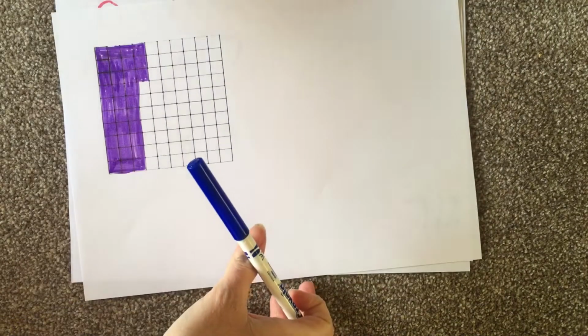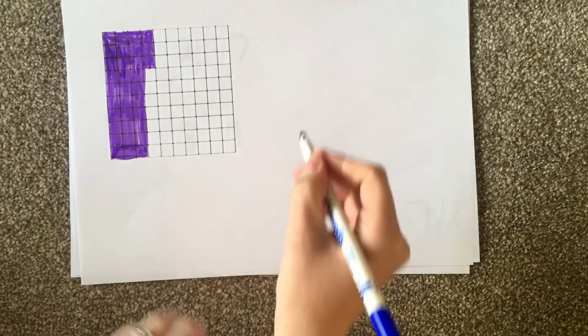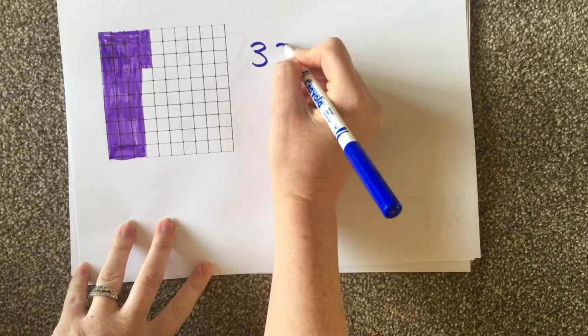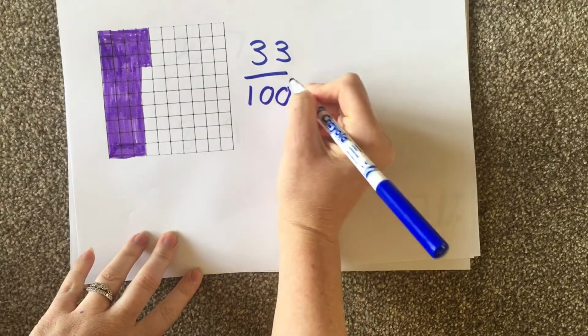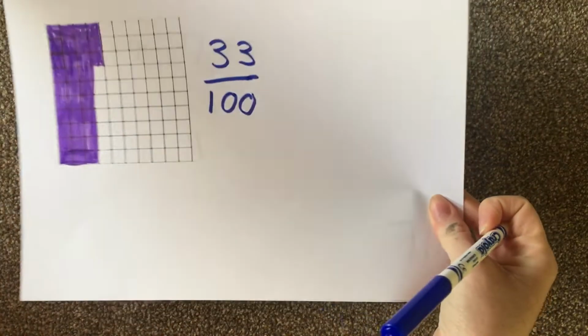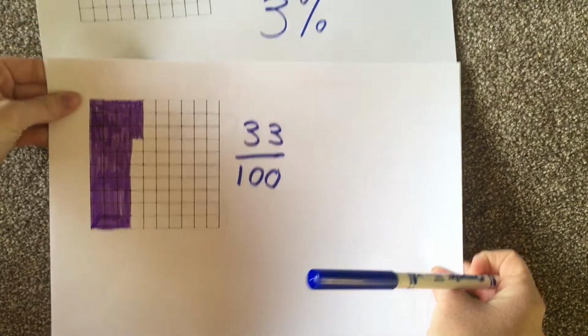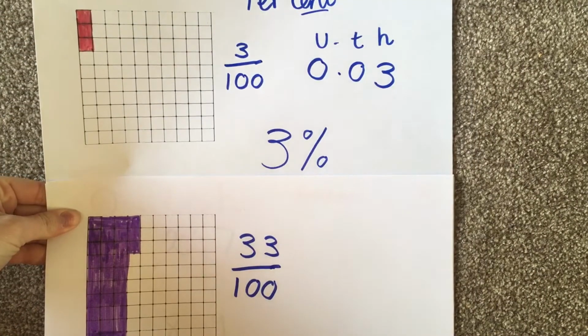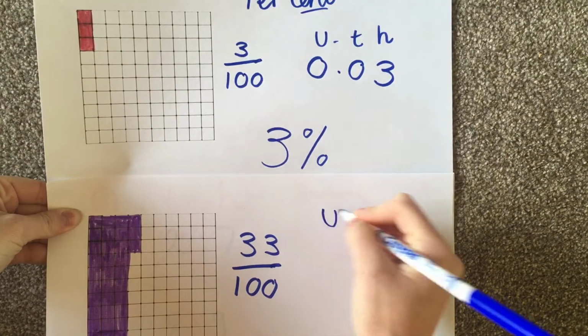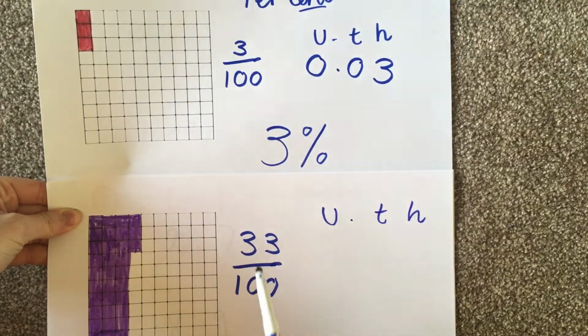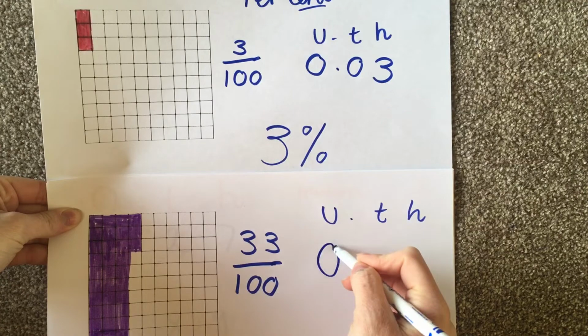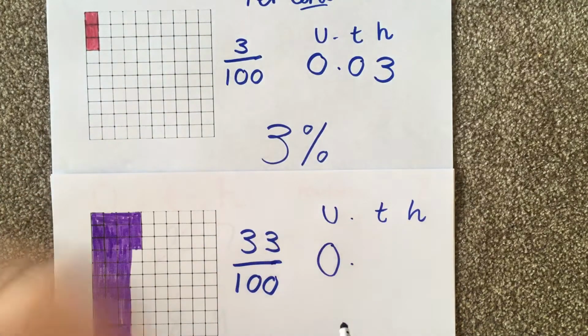Let's look at another example, and you might be able to see some links. So in this example, instead of just having 3 out of 100 coloured in, I've now got 33 out of my 100 coloured in. So just like before, I can then write it down using my place value. So if I write down my place value, units, tenths and hundredths, then this time I still have no units, and I can say this in either two ways.